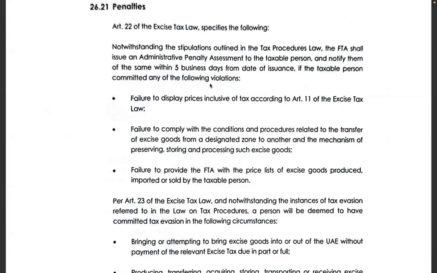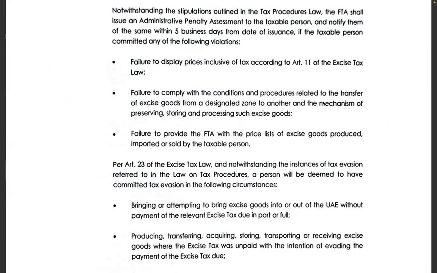Failure to display prices inclusive of tax according to Article 11 of the excise tax law. Failure to comply with the conditions and procedures related to the transfer of excise goods from a designated zone.